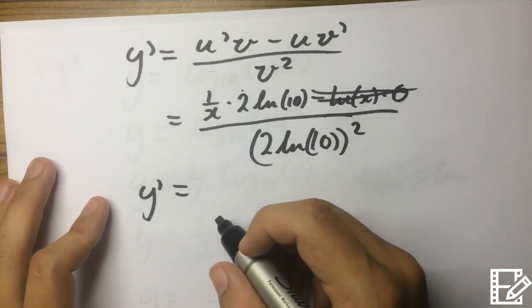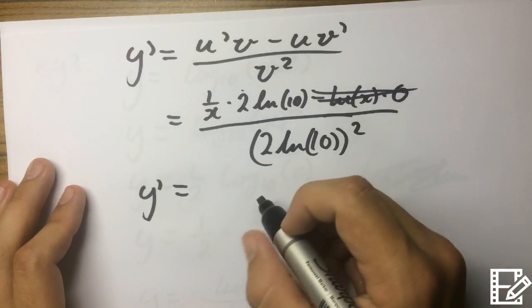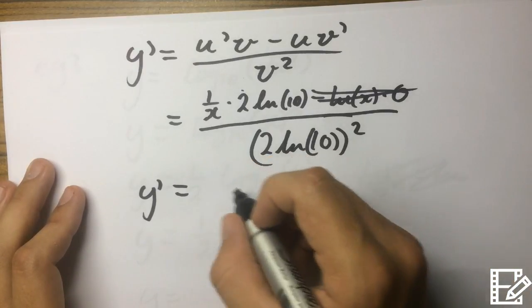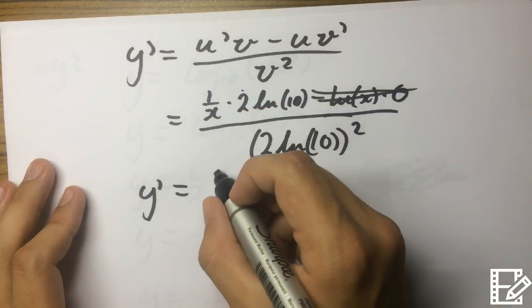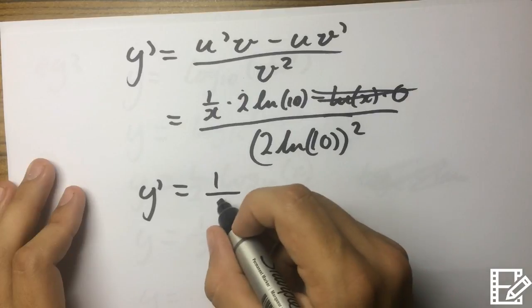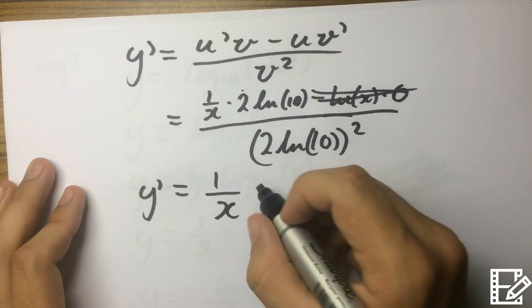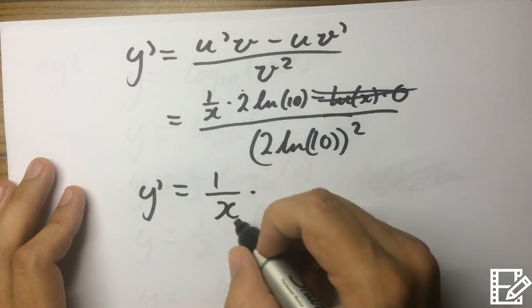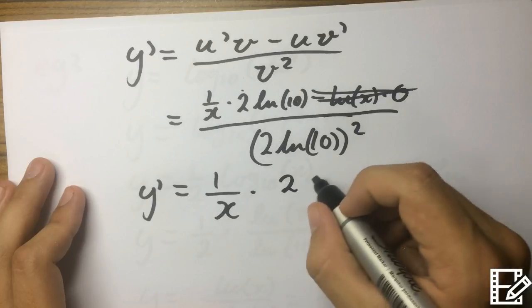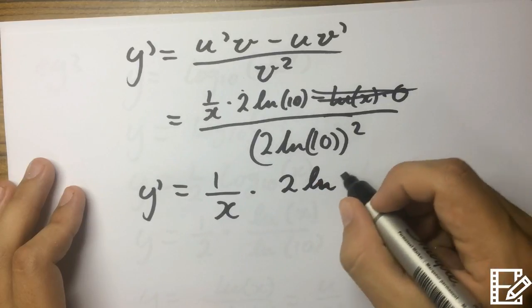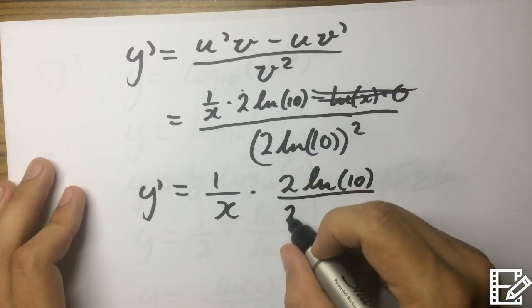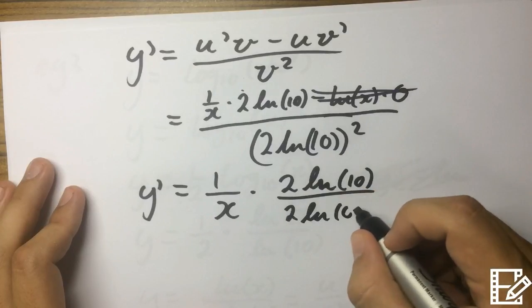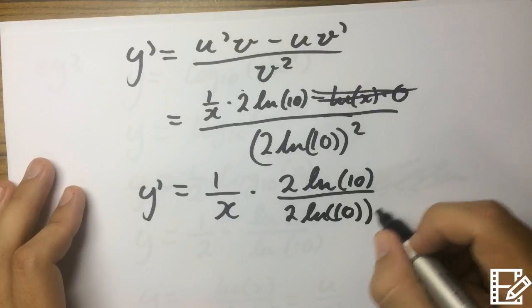Okay, now this is 1 over x over something, so we just bring the 1 down like so. We bring the x down like so, and we have 2 ln of 10 over 2 ln of 10 squared.